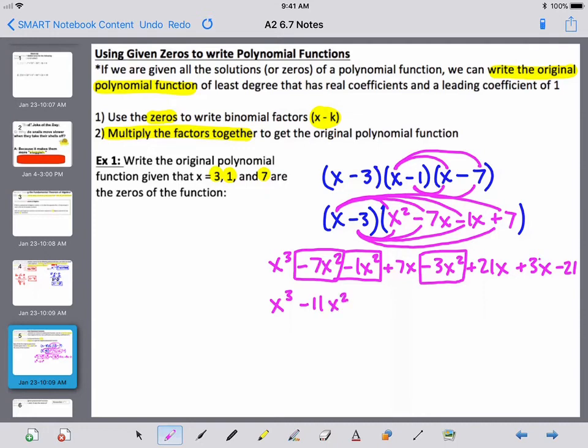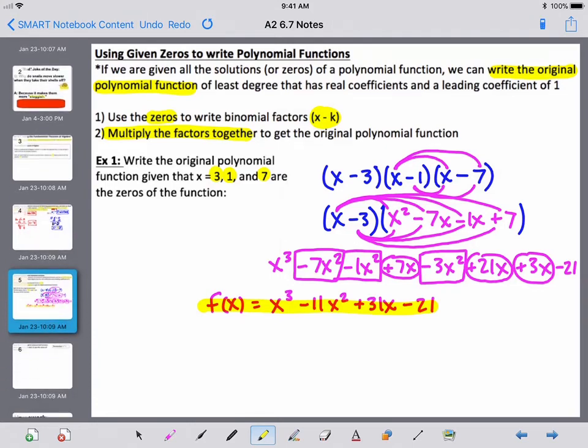Let's do the same thing with our x terms. I have positive 7x plus 21x makes 28x plus 3x is 31x. And lastly, I have minus 21 at the end. So this is our f of x. That's our original function. It is x cubed minus 11x squared plus 31x minus 21.